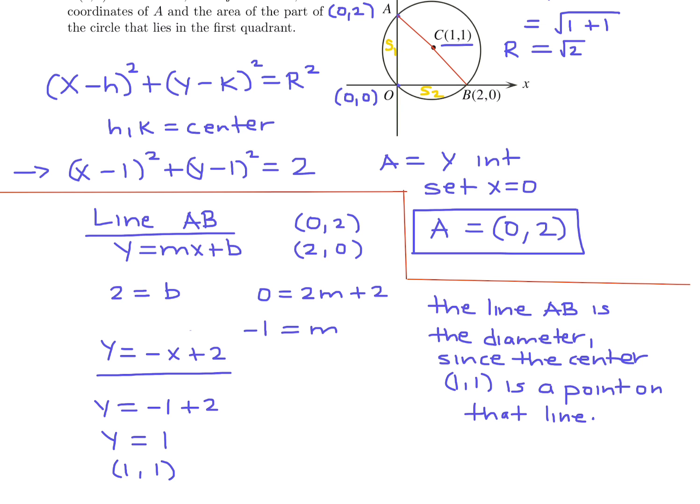This region right here, I'll draw it in red, is really half a circle. Now, if I take away this triangle, that will give me S1 and S2. So S1 plus S2 is equal to half the circle, pi r squared divided by 2, minus the triangle.